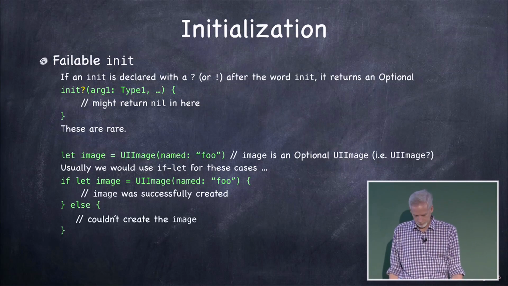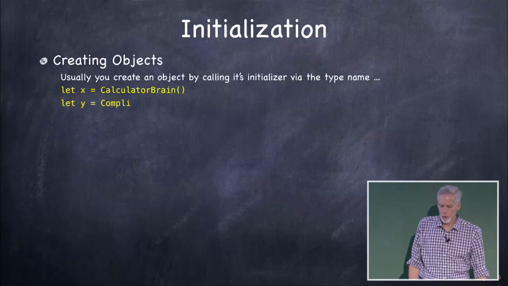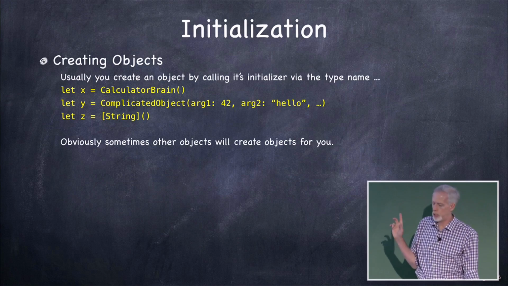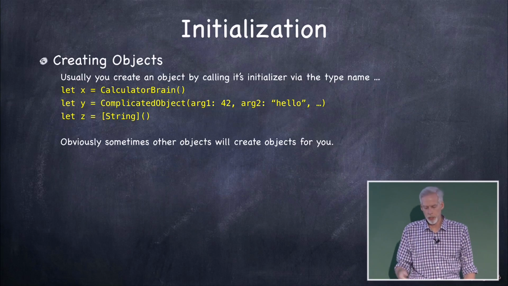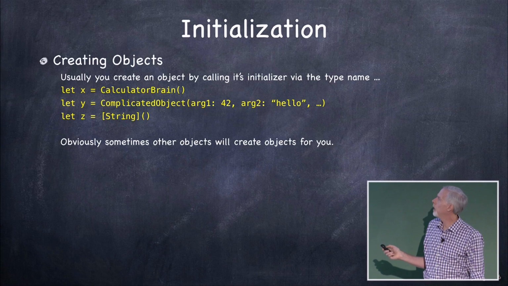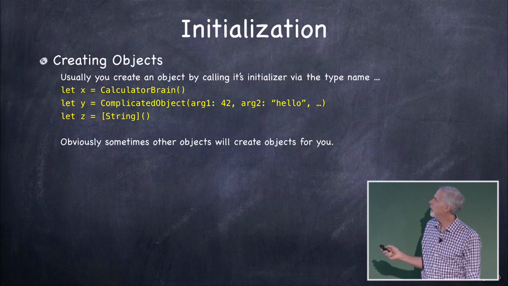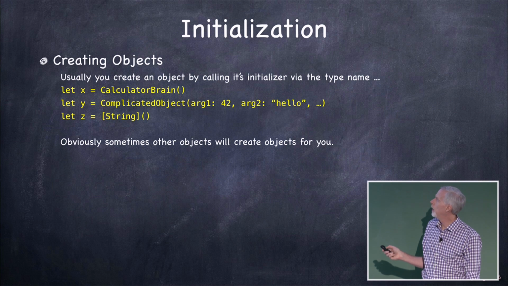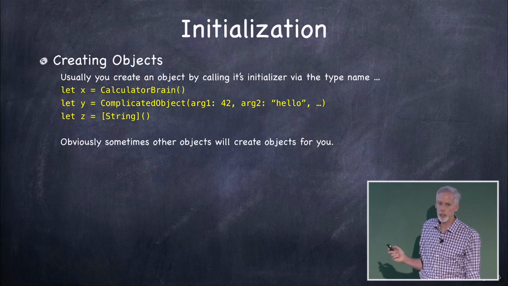All right, creating objects. Usually you create an object by calling its initializer with the appropriate arguments using the type name. So CalculatorBrain, you've seen that. Or here's let z equals the type Array of String initializer.